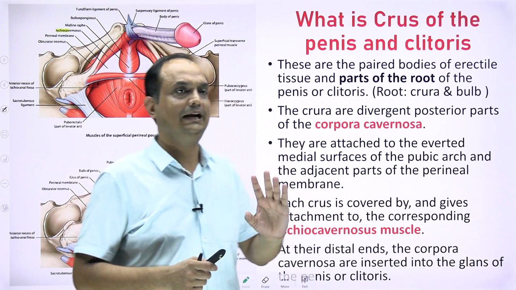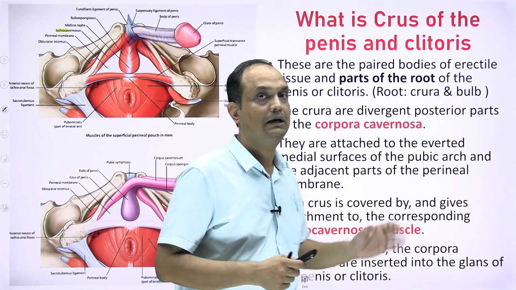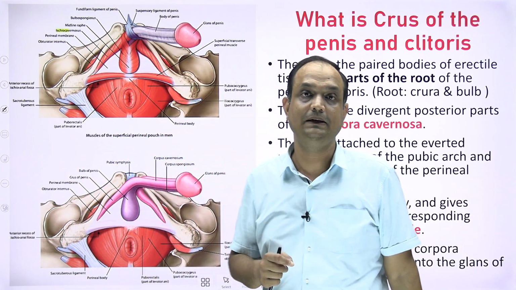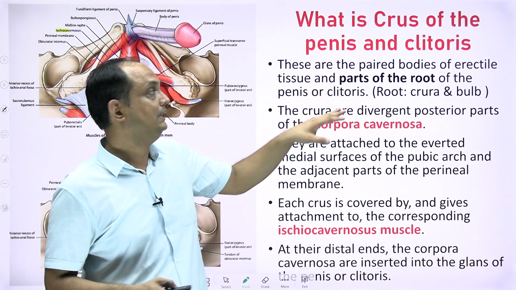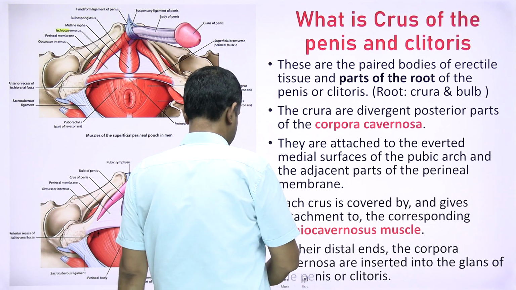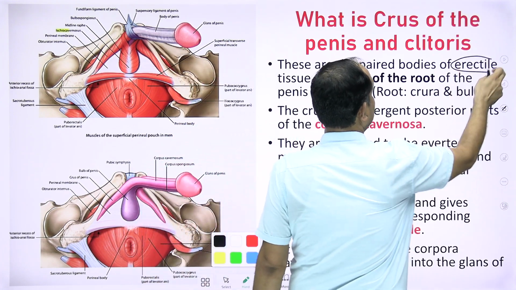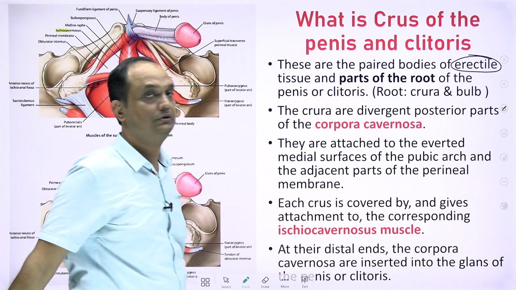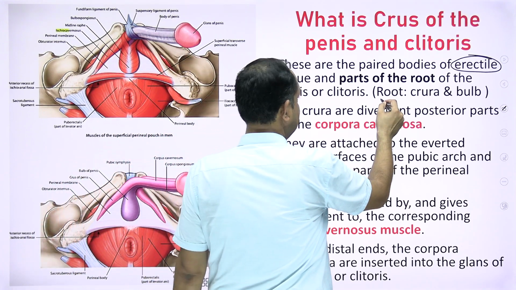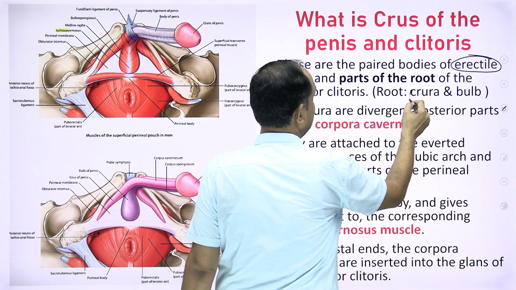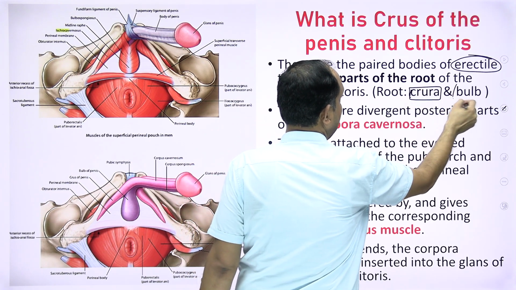Before that, you should have a basic idea about the structure of the penis. The penis has erectile tissue, and this erectile tissue has parts in the root of the penis, and this root is composed of two parts, the crura and the bulb.